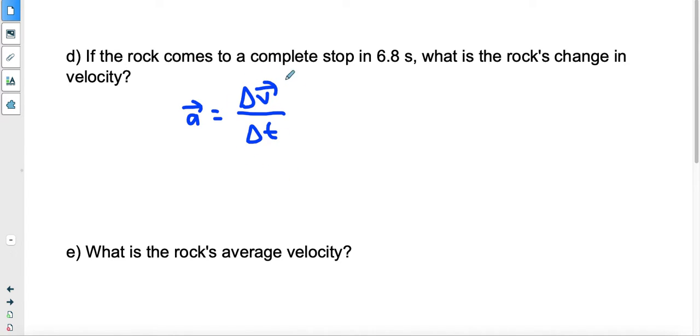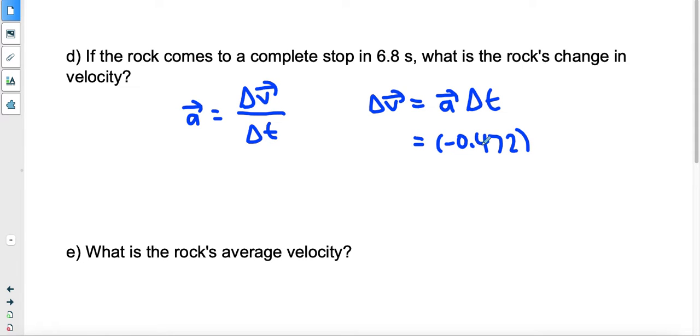If we rearrange this, we can see the change in velocity is just the acceleration times the time. We know the acceleration, which we just found, is negative 0.472 meters per second squared, and the time is 6.8 seconds.